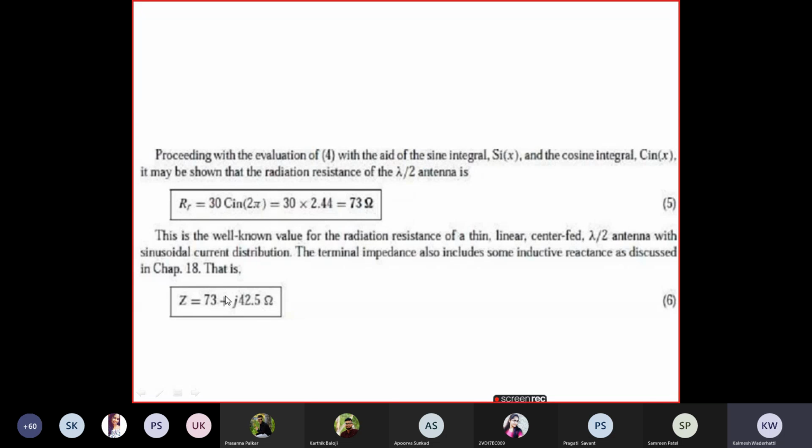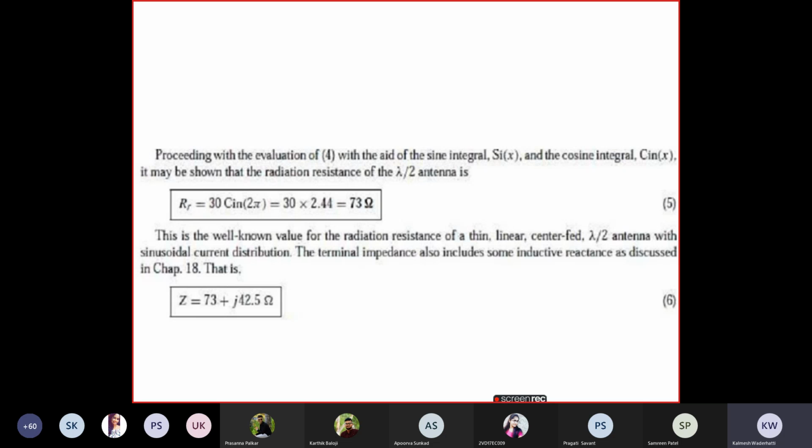Understand here. The reactance appears with respect to the lambda by 2 antenna. Therefore, we need to cancel this reactance. What do we need to consider here? How the antenna dimension needs to be changed. Once the reactance appears, based on knowing the radiation resistance or the terminal impedances, you can reduce the antenna length.